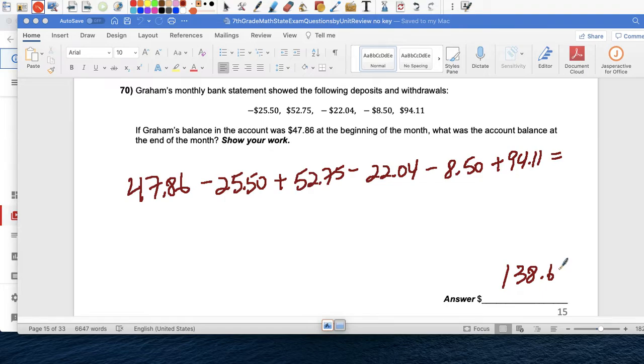I got 68 cents. Is it 98 cents? 47.86 minus 25.5 plus 52.75 minus 22.04 minus 8.5 plus 94.11. 138.68. That's what I'm getting.